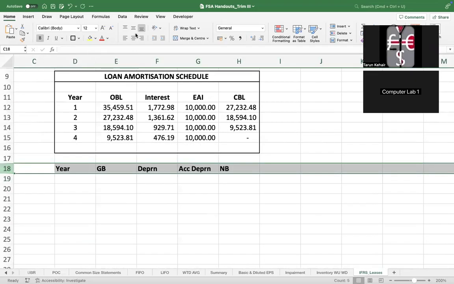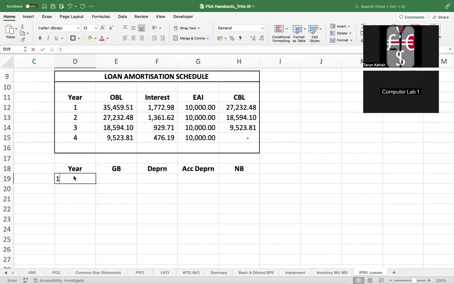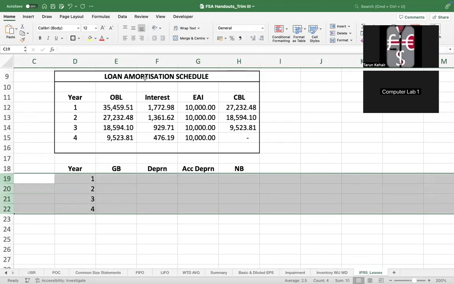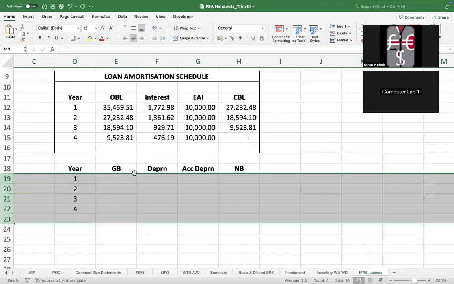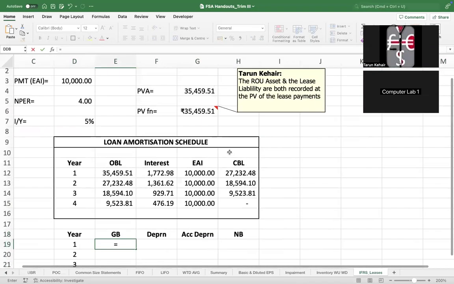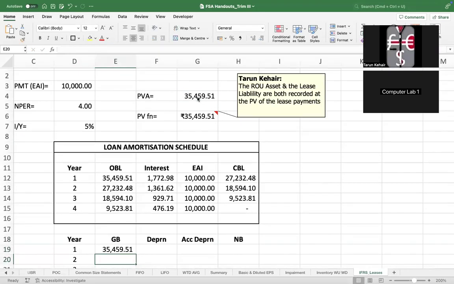And this also we will make for 4 years: 1, 2, 3, 4. Now, gross block, as I said, the ROU asset also has to be the same present value of the lease payments, which is 35,459.51.